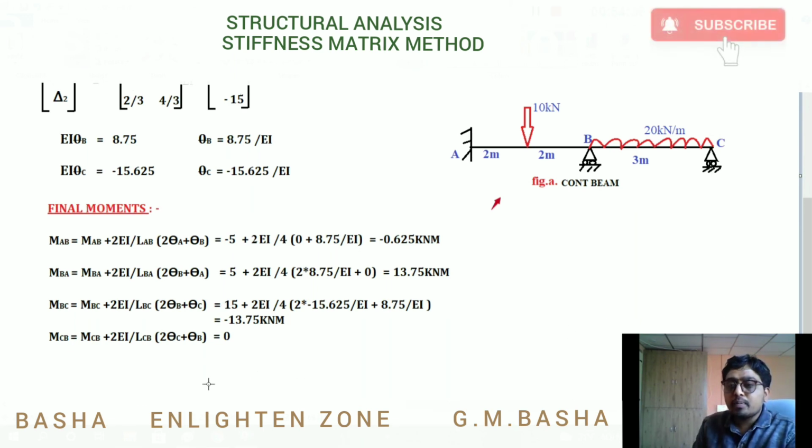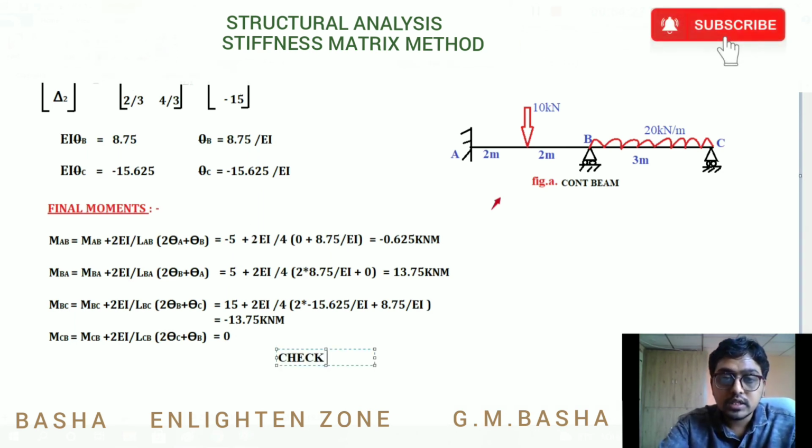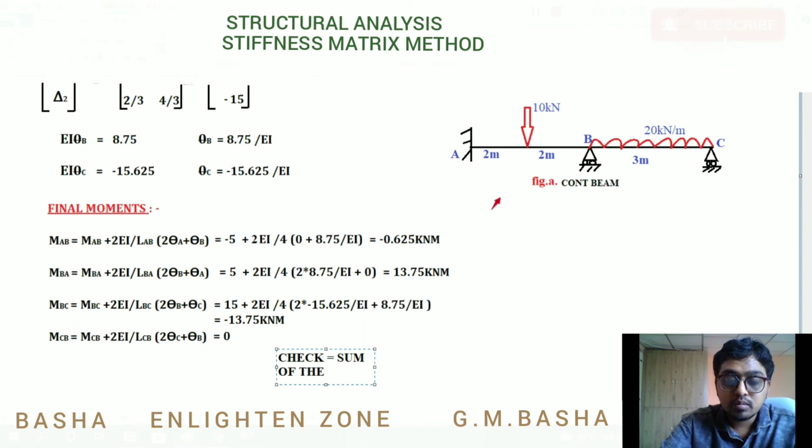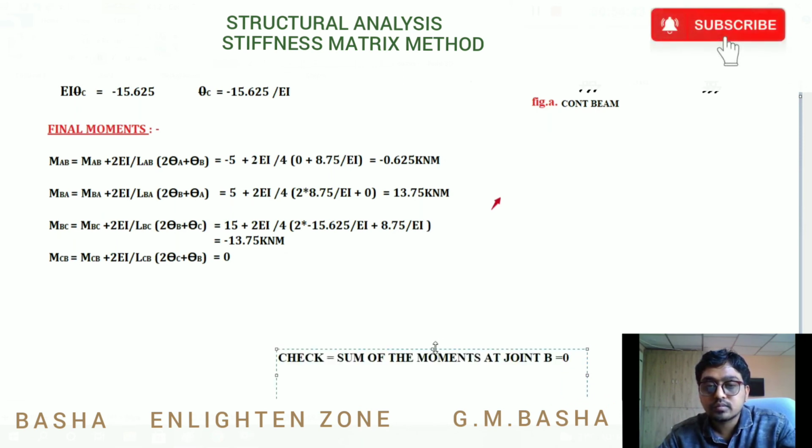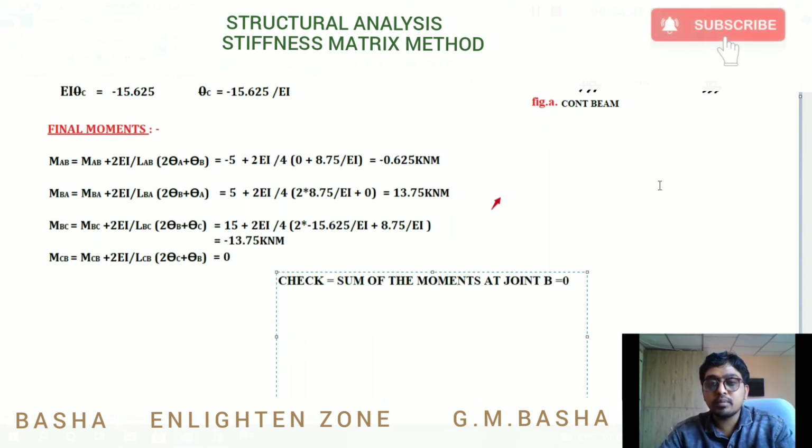And what is your checkpoint? How will you know whether this problem is correct and whether the procedure followed here gives correct values or not? For that, you take down the checkpoint: the sum of the moments at joint B, exactly at joint B, is equal to 0.